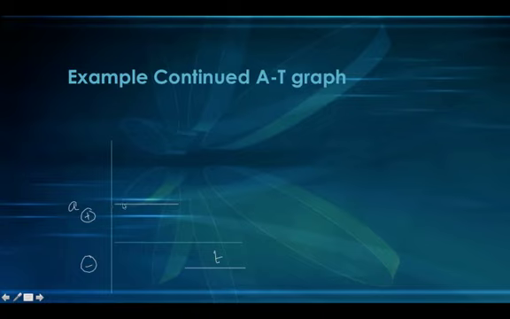We have a positive acceleration, it's speeding up at a constant rate, and then it changes to a negative acceleration. And this is fine. This is exactly what the graph should look like. I know it looks a little weird. Okay, so now let's look at graphing the DT graph. So our VT graph looks like this.